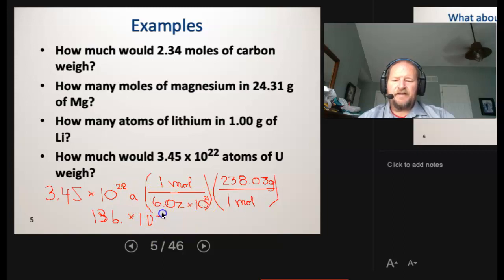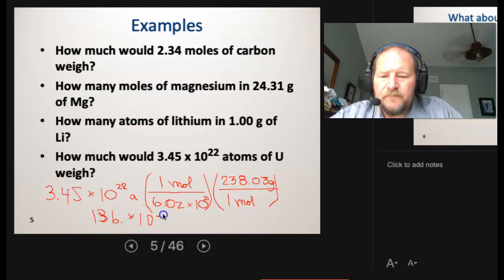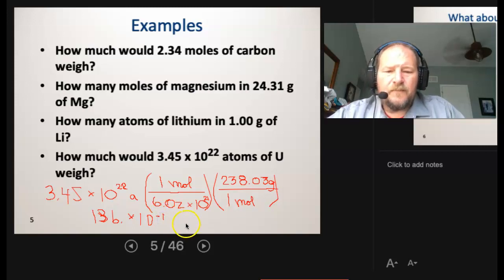So that's going to be negative 1. Now I can't leave it that way. I want to fix it, put it in scientific notation. So I'm going to move that decimal point over.